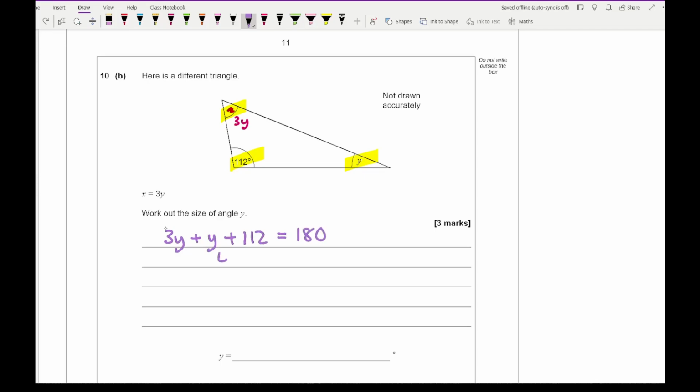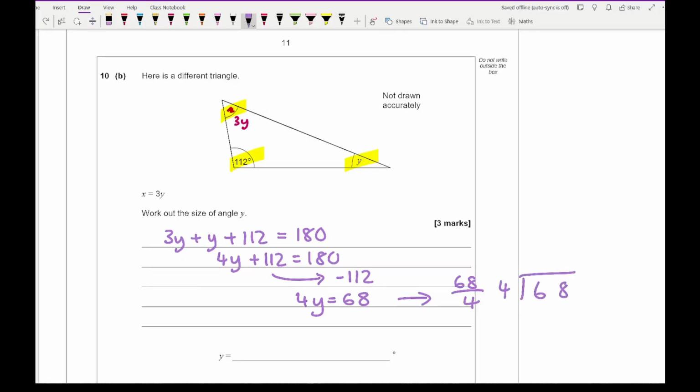Then simplifying this, I get 4y plus 112 equals 180. Take away 112 and I get 4y is going to equal 68. And then all that's left for me to do is 68 divided by 4.